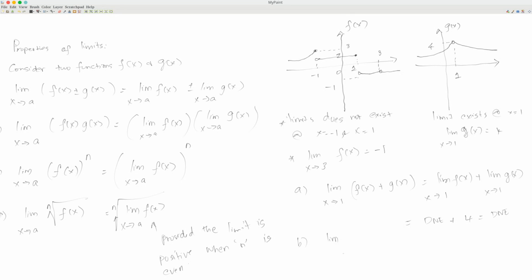The limit x approaches 1, f of x times g of x, similarly, would simply be limit x approaches 1, f of x times limit x approaches 1, g of x. We know at 1 f of x doesn't have a limit. At 1 g of x has a limit of 4, so 4 times DNE is still DNE.